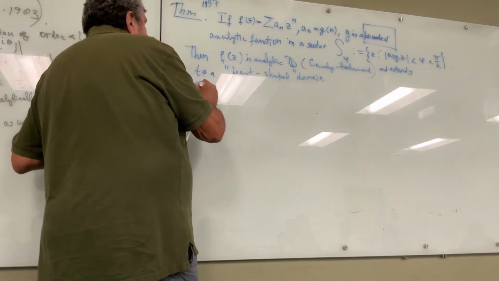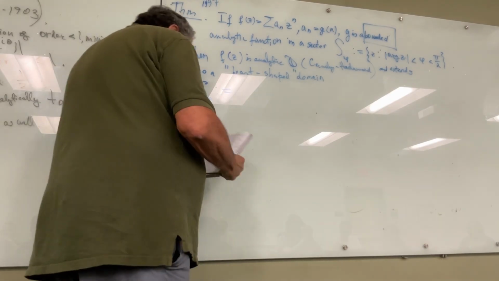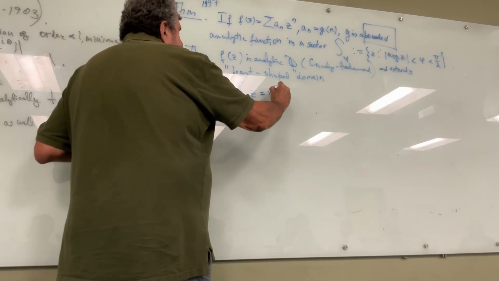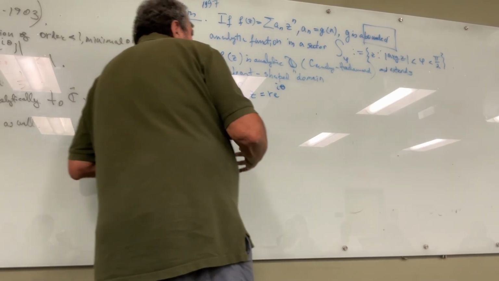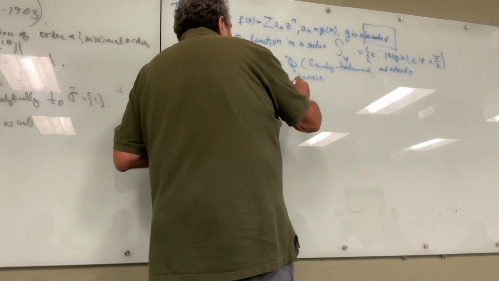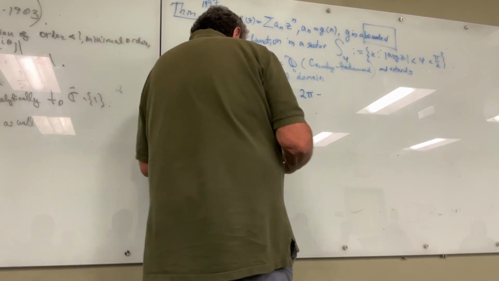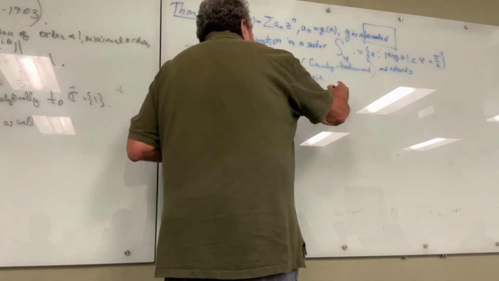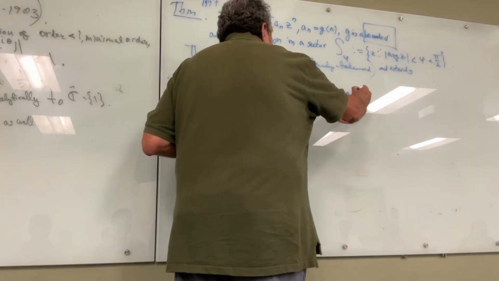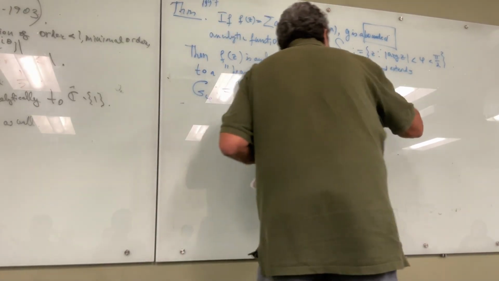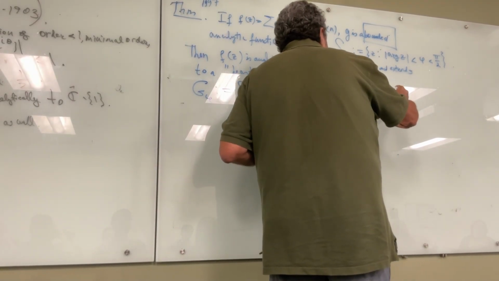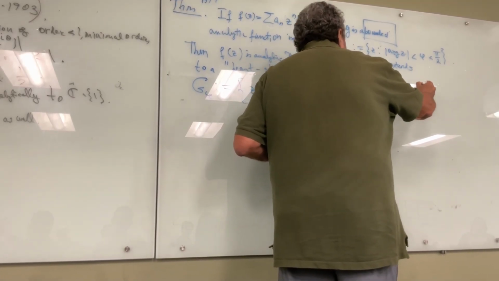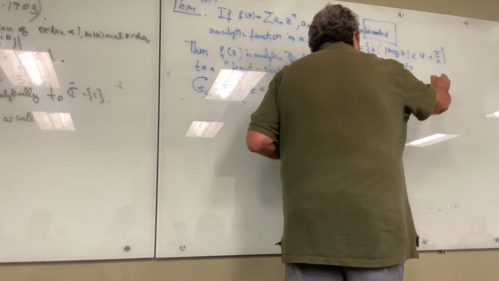And I call it G_phi, which is transcendental. z is r e^(i theta), such that 2 pi minus cotangent of phi times log of r is greater than theta, greater than cotangent phi log r. Okay.